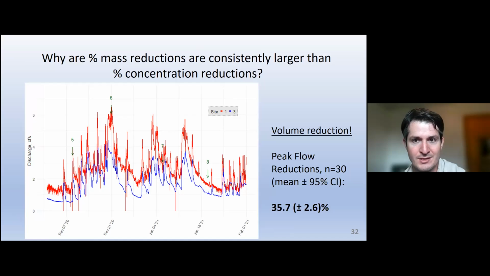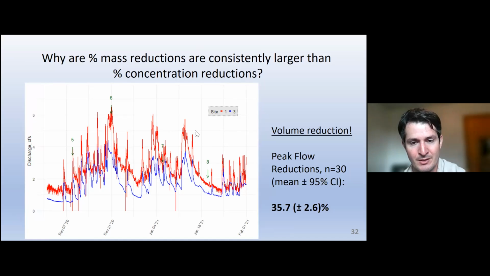So why are mass reductions consistently larger than concentration-based reductions? All about the volume. This zoom in is just about a 3-month time period during my study, comparing the flow monitoring I did at 0.1 and 0.3.